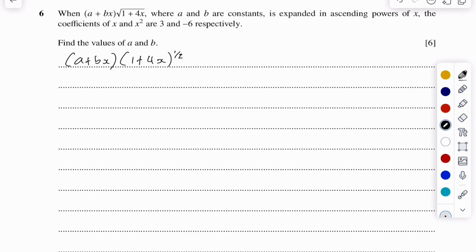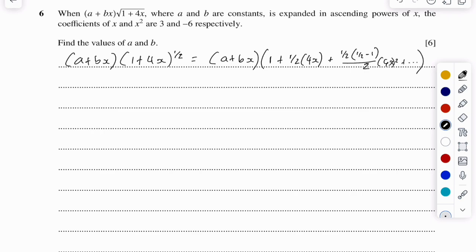If we go back to our expansion formula here, what we get is (a plus bx) times (1 plus half 4x plus half times minus 1 over 2 times 4x squared).